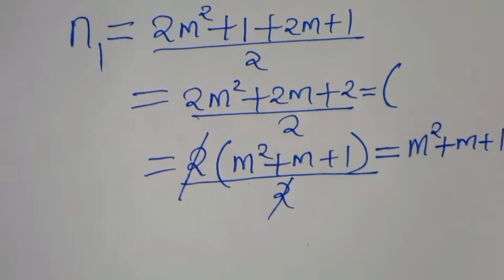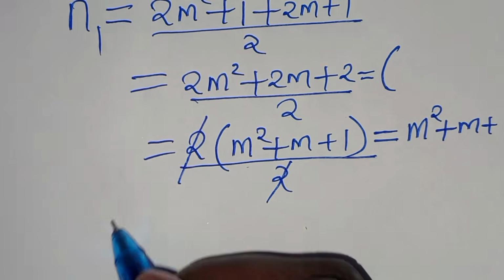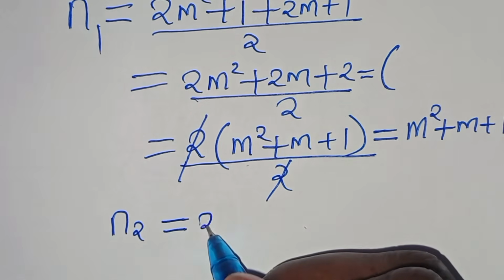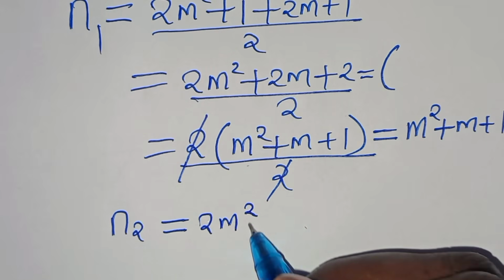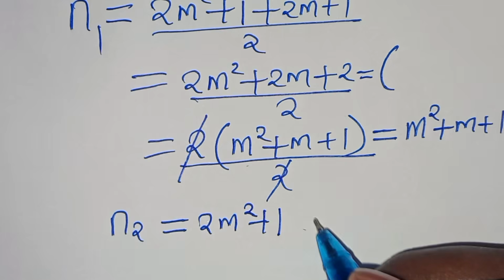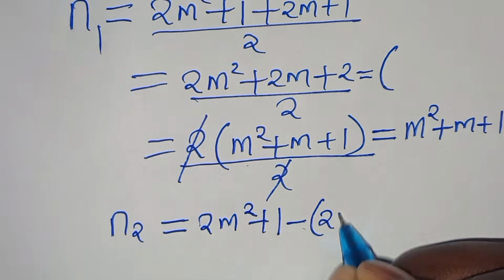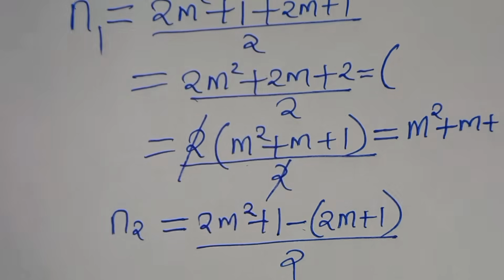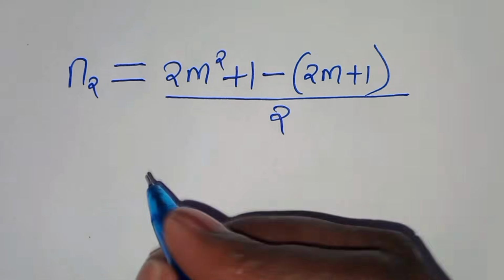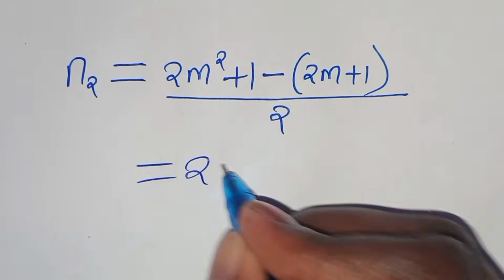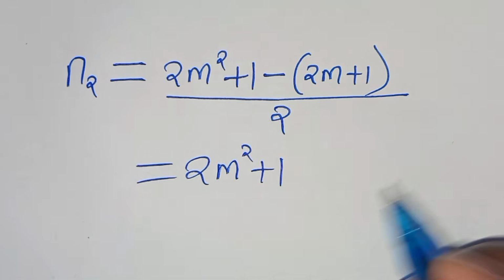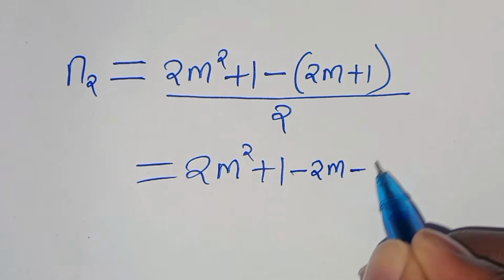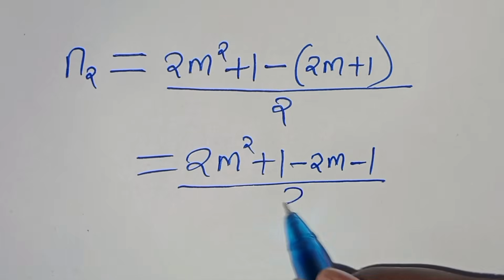That is n1. So let's solve n2. n2 will be equal to 2m squared plus 1, then subtract 2m plus 1 divided by 2. So this is the same thing as 2m squared plus 1 minus 2m minus 1, then divided by 2.